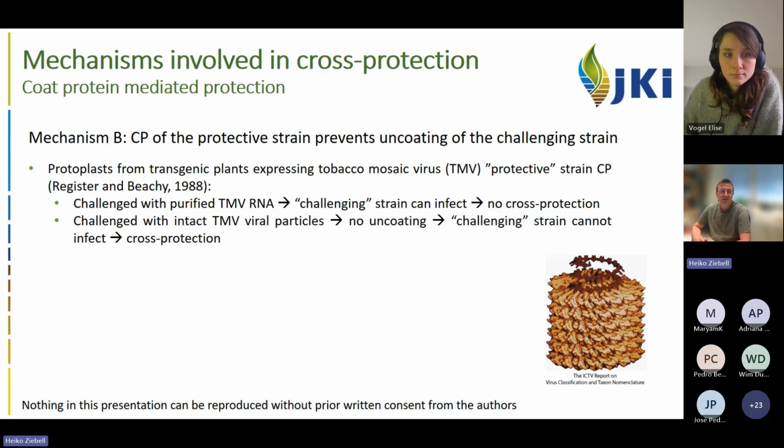But if you used TMV purified RNA, then the challenging strain could infect the protoplasts. This demonstrated that the coat protein was indeed important for cross-protection to occur.